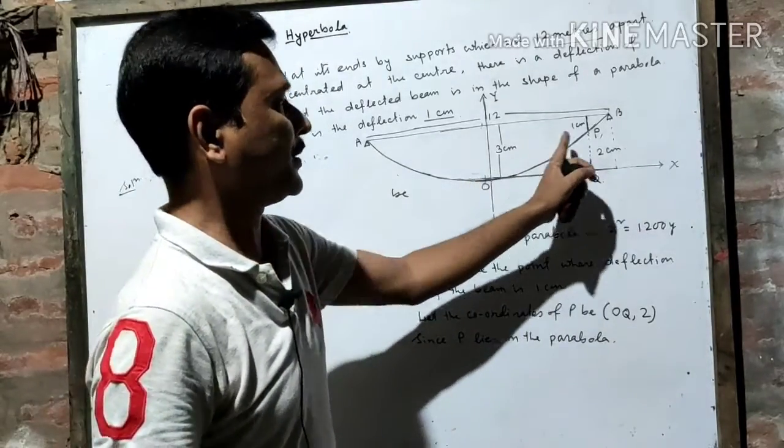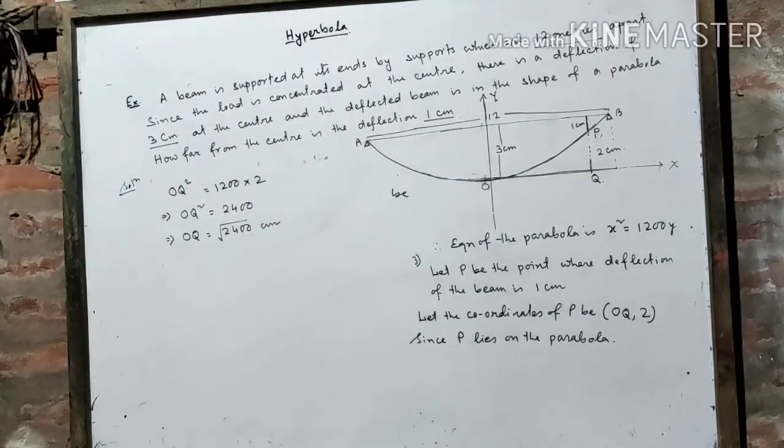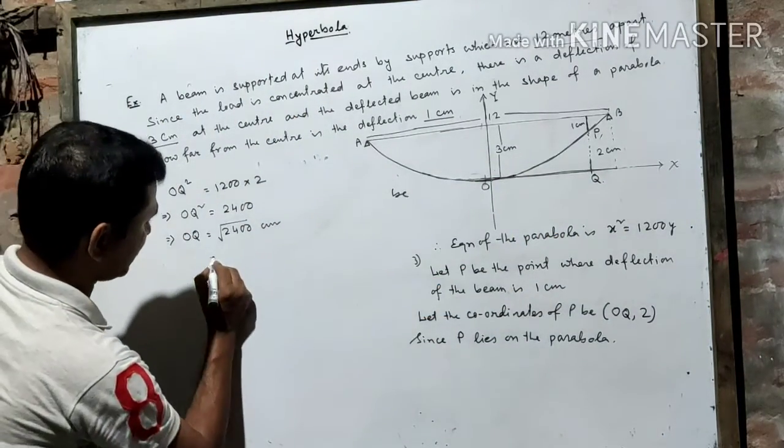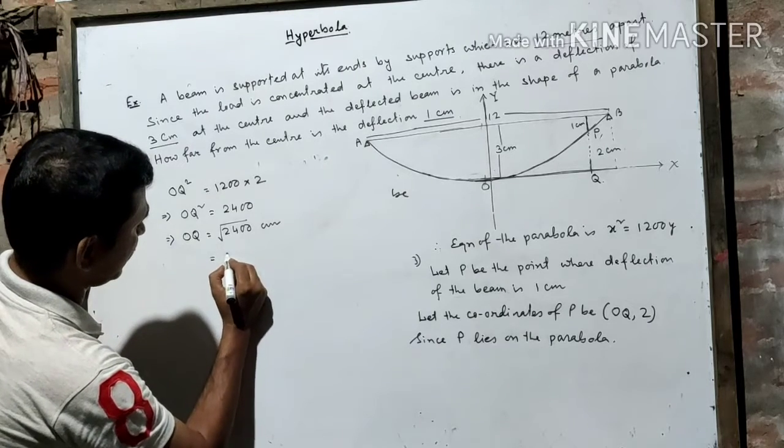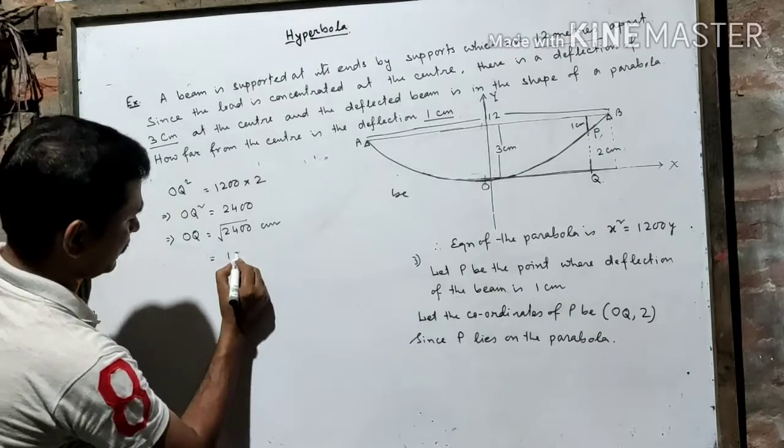So the point P is root over 2400 centimeter apart from the center.